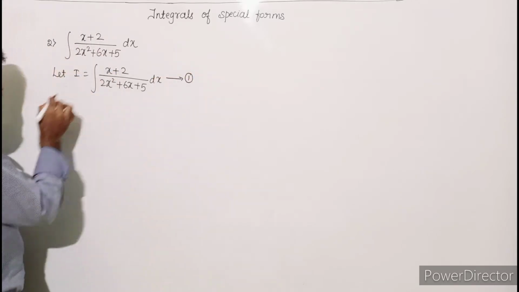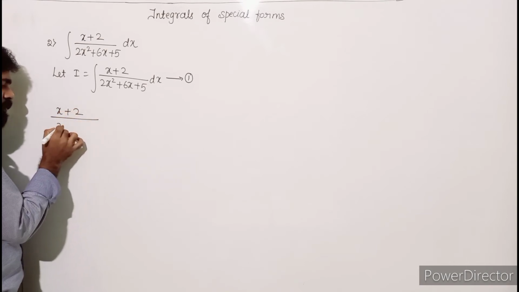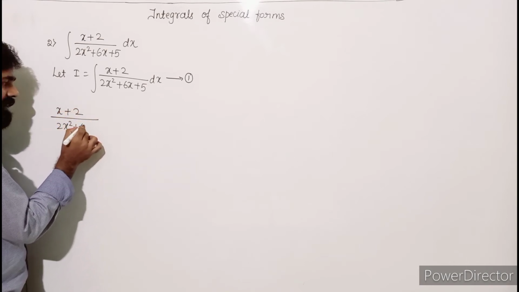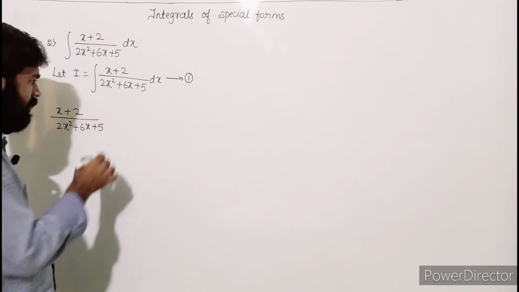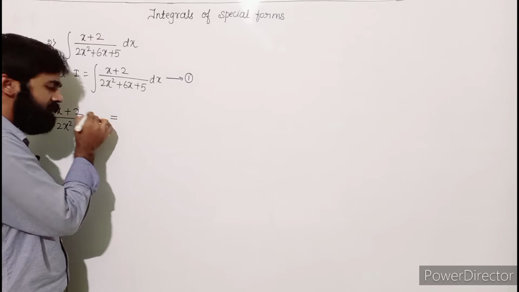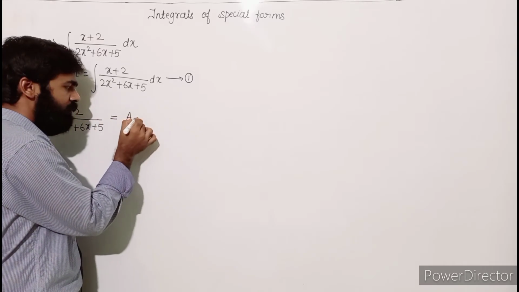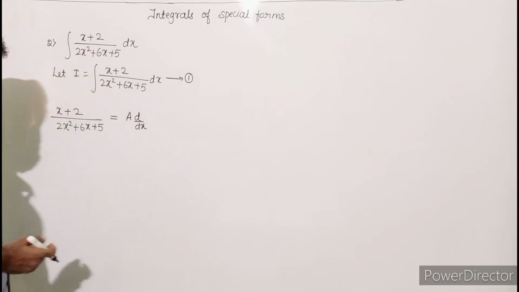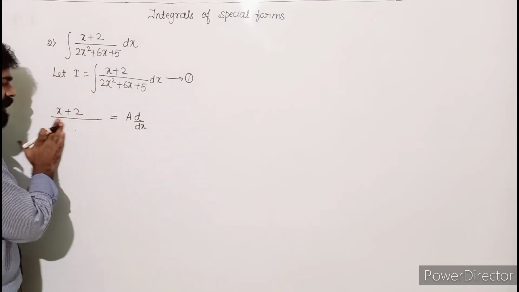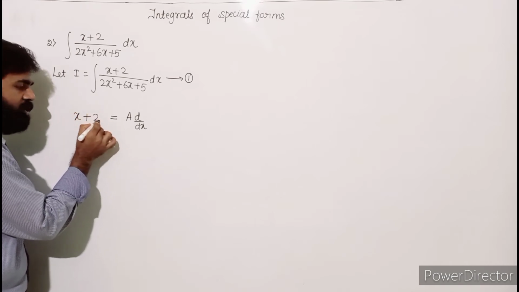Okay, now I will take this value x plus 2 by 2x square plus 6x plus 5. We'll do one thing. Instead of taking the denominator, I just take the numerator x plus 2.